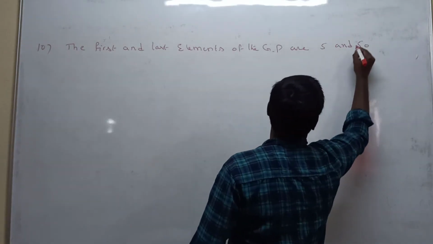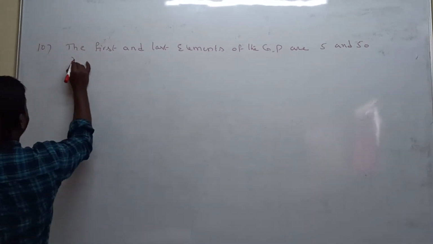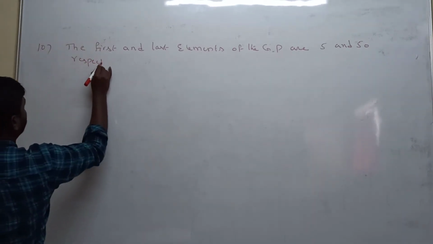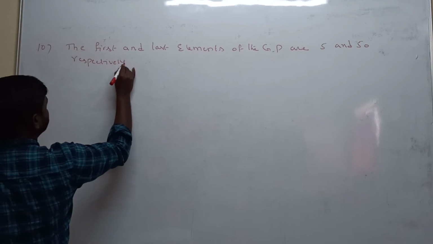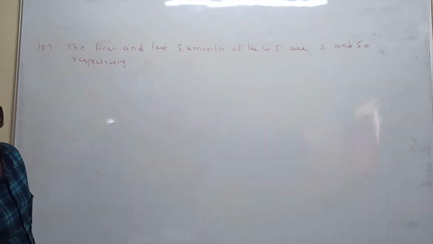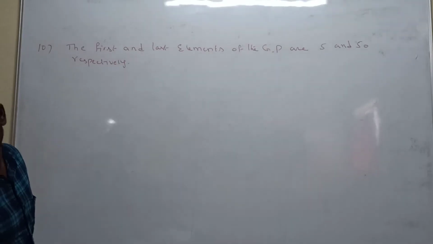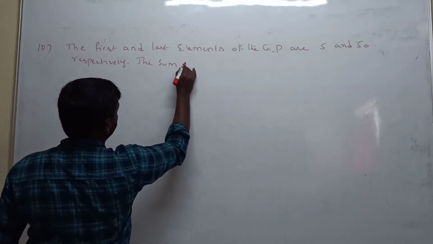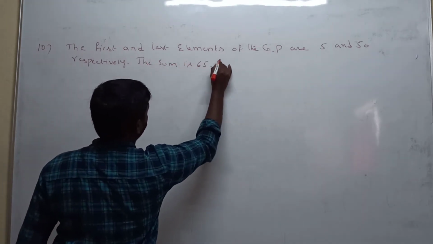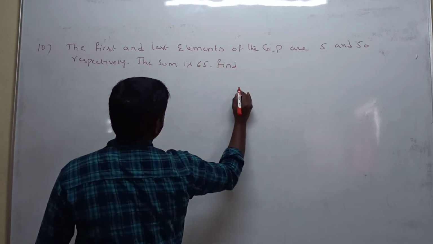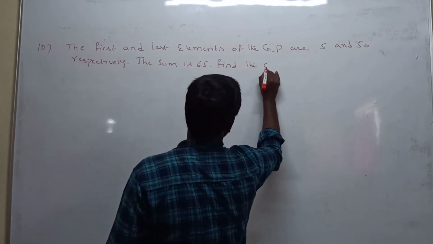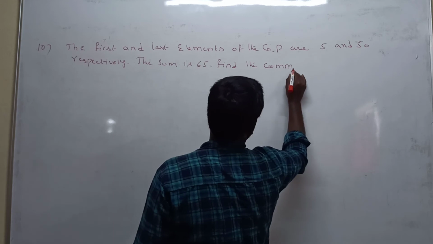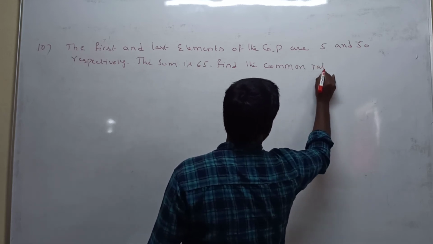Given that the sum is 65, find the common ratio.